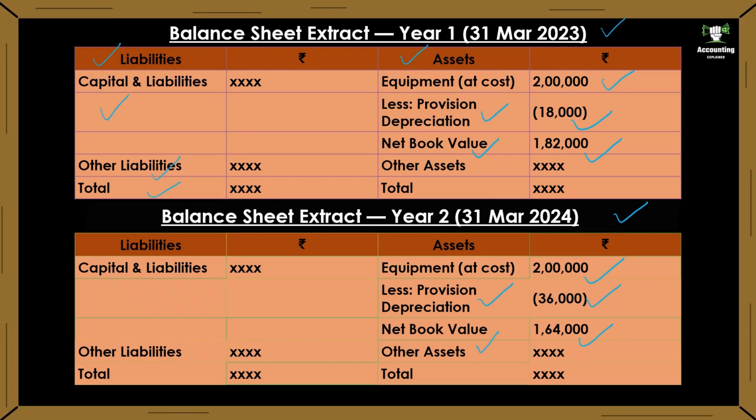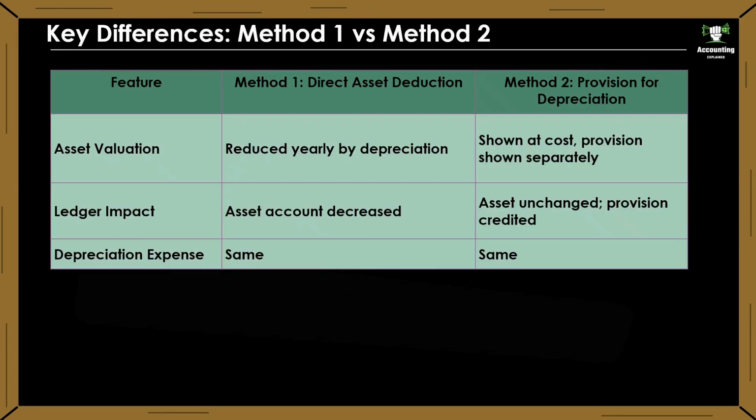We are going to see a quick comparison between method 1, that is the direct asset deduction method, and method 2, provision for depreciation account. Okay. First, we will take the asset valuation. Under the direct asset method, the asset account is going to be reduced yearly by depreciation. Whereas under the provision for depreciation account method, the asset is going to be shown at cost and provision for depreciation will be shown separately. Ledger impact.